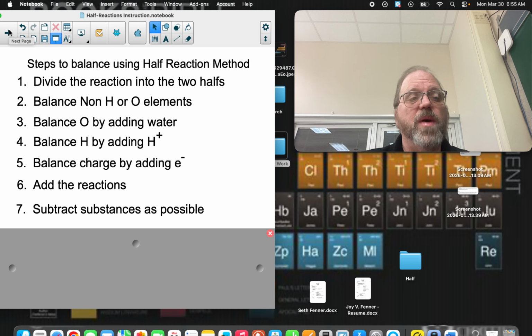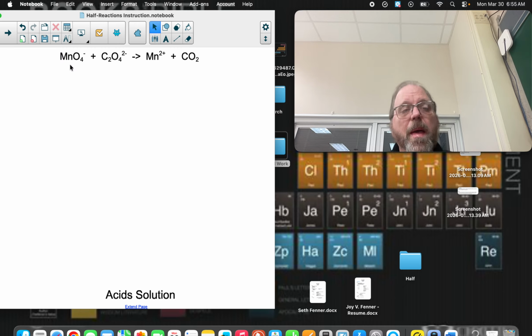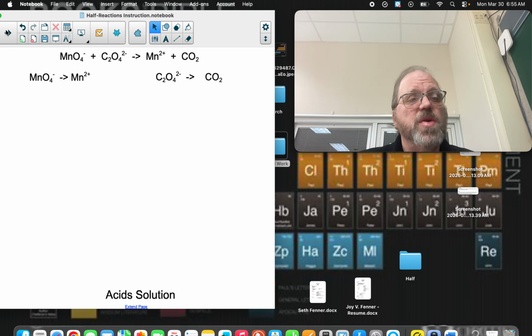Let's take a look at one. So we have permanganate, MnO4-, plus C2O4 2-, yields Mn2+ manganese ion and carbon dioxide. So we're going to split it into its 2 parts. We're going to have the permanganate going to manganese ion, and C2O4 2- going to CO2. Now, first thing to do is balance it.